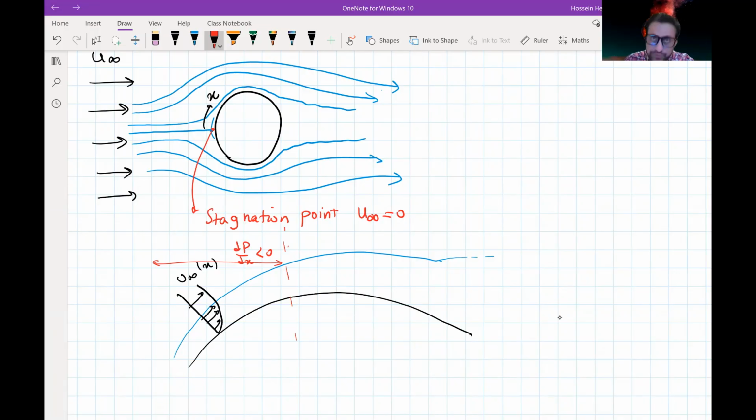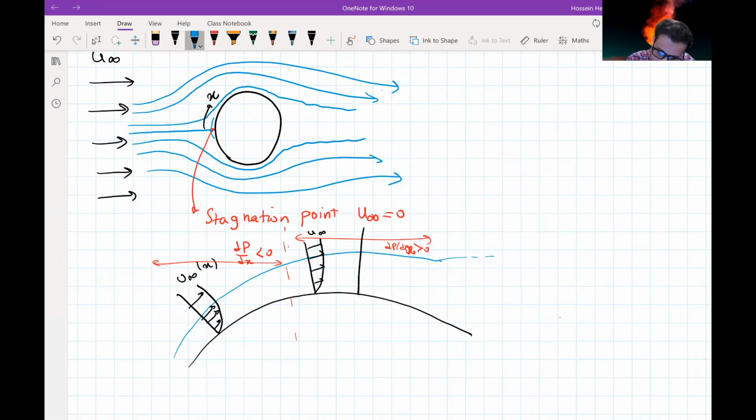Beyond that point, dp/dx is greater than 0, and you're going to see an adverse pressure gradient. So we see the start of fluid deceleration here, u infinity of x.